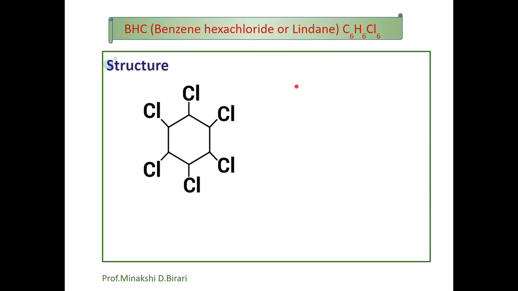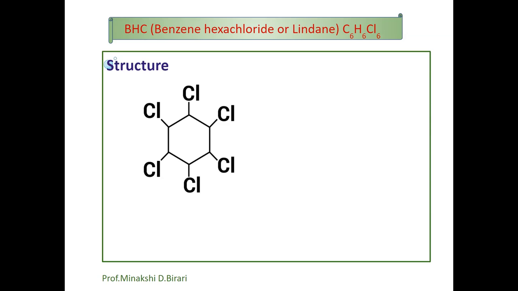Benzene hexachloride possesses 5 main geometrical isomers. The percent of each isomer in commercial BHC powder is alpha 55%, beta 5 to 14%, gamma 10 to 13%, delta 6 to 8% and epsilon 3 to 4%. These isomers are separated from the mixture or can be separately prepared.